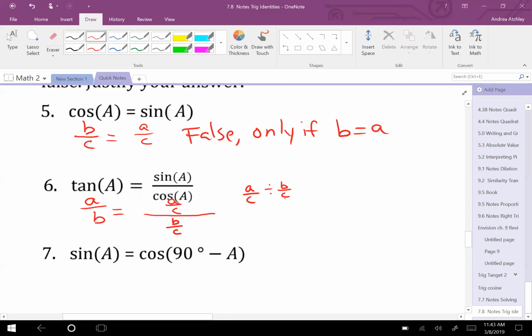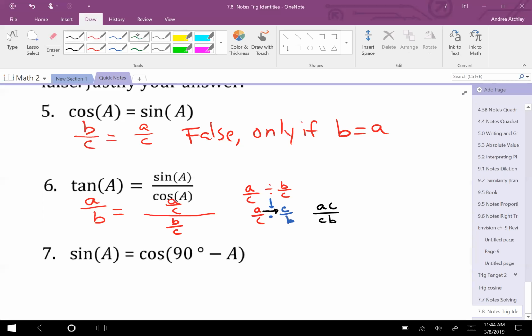When we divide fractions, what do I need to do? Multiply by the reciprocal. So this becomes multiplication, and I flip the second fraction. Then you just multiply straight across. A times C is AC. C times B is CB.